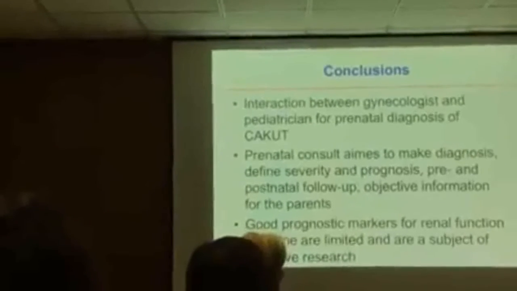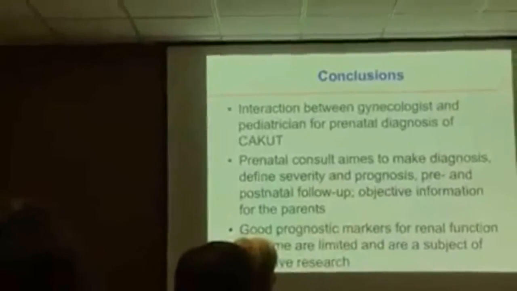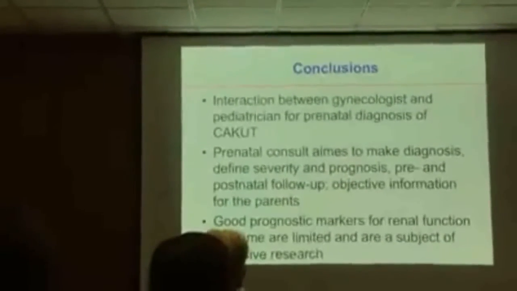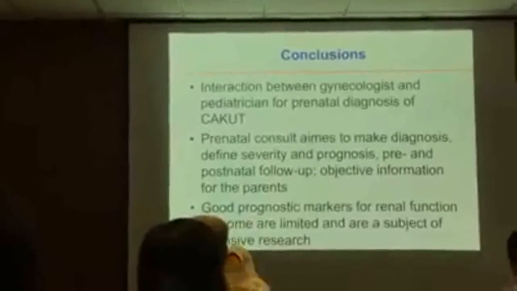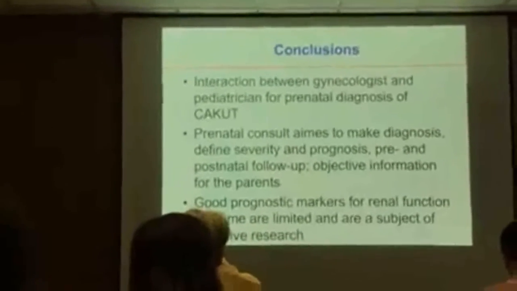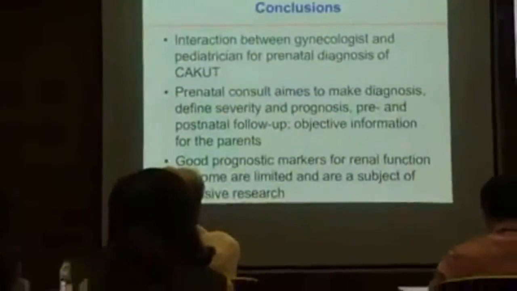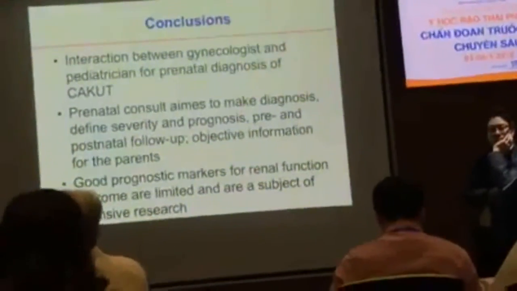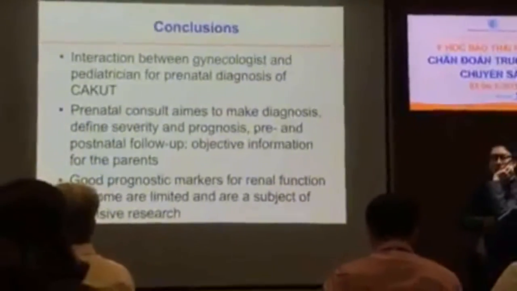Right after 16 weeks, or just wait until you see the dilatation of the upper urinary tract? How do you decide which time you will do the interventions? And does the intervention change the prognosis short term and long term, even after birth?